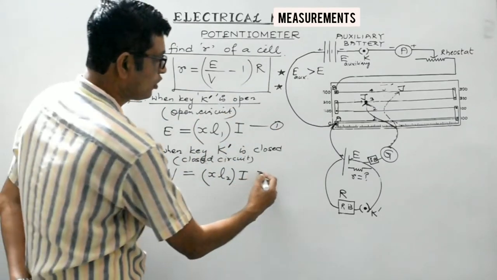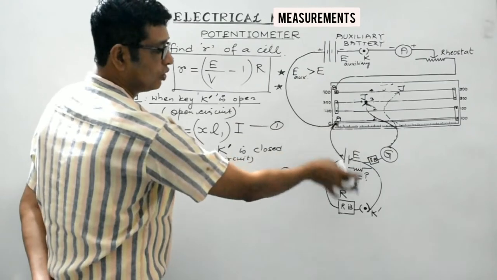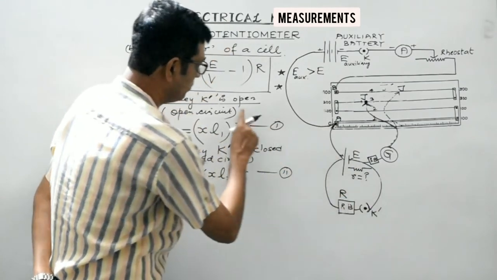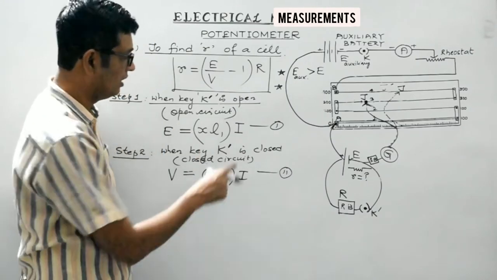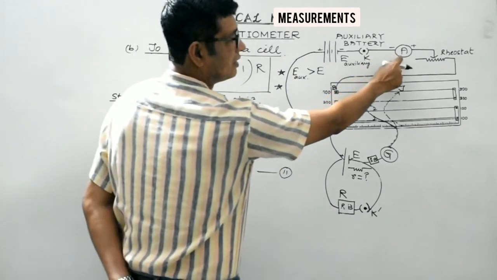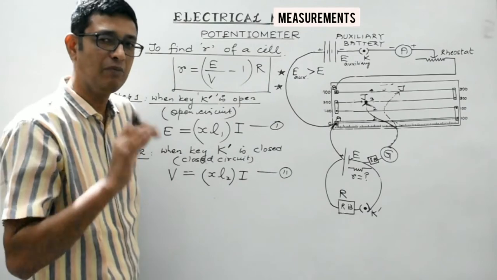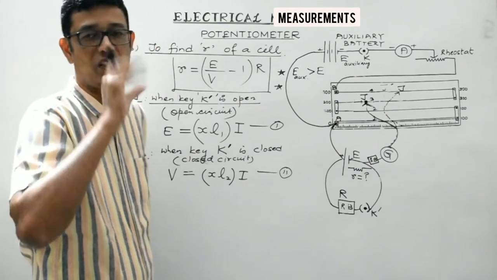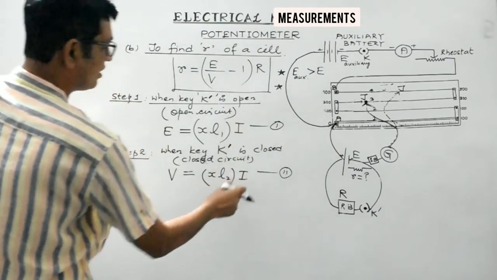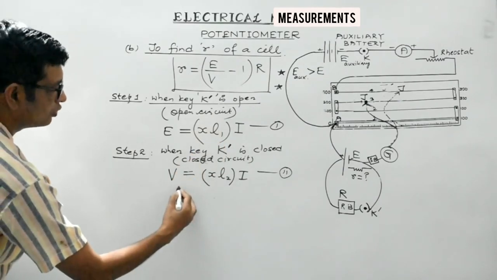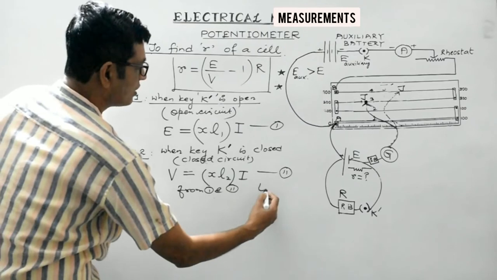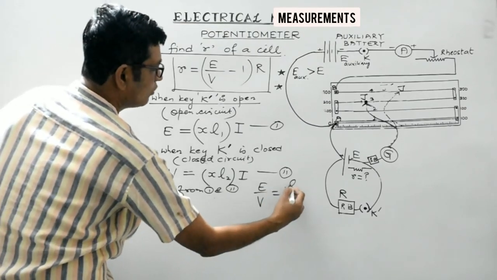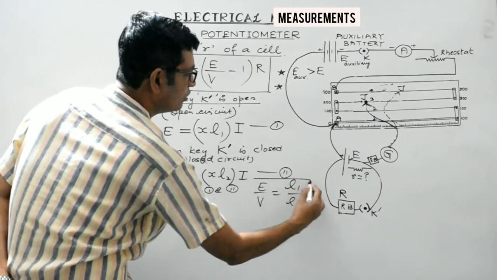Please ensure that during both cases, when key K dash is open and when key K dash is closed, the current must be constant. The ammeter must show the same reading, right? So dividing equations 1 and 2, what do you get? E by V would be equal to L1 by L2.